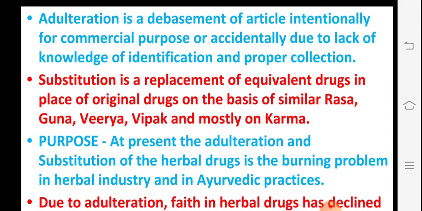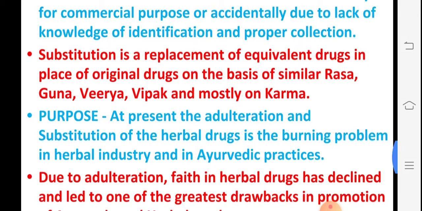So it is called as a substitution, that is replacement of equivalent drug in place of original. So for example, it shows the same character, ras, gun, virya, vipak, mostly karma.